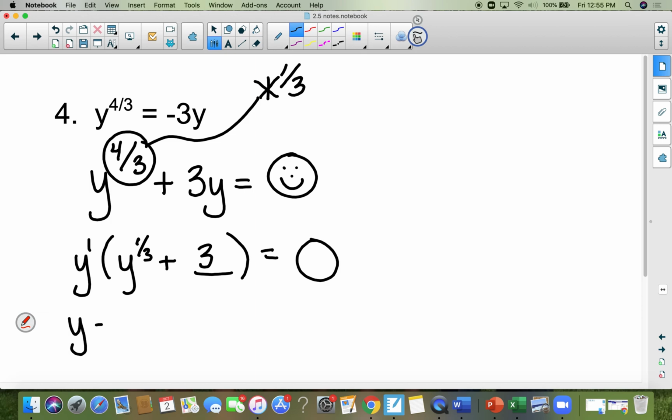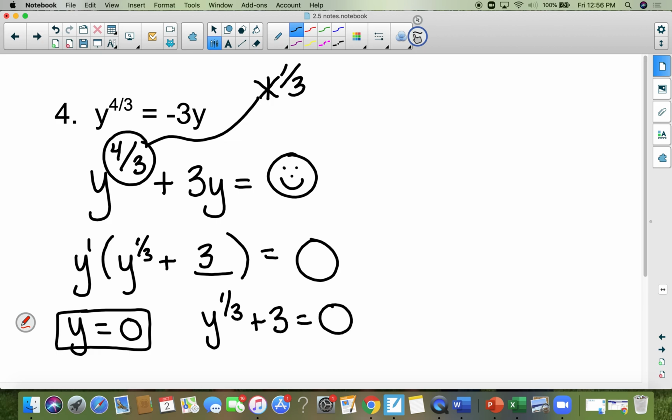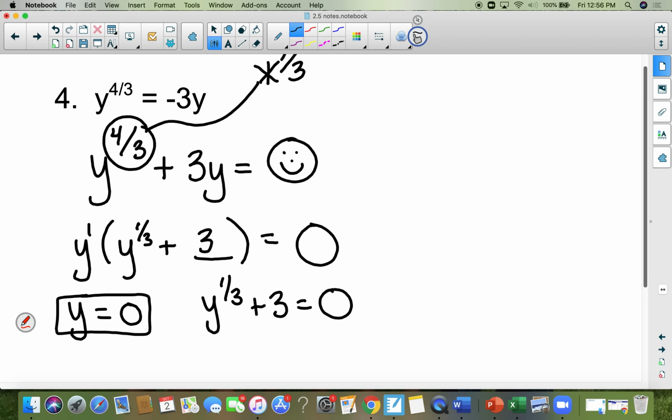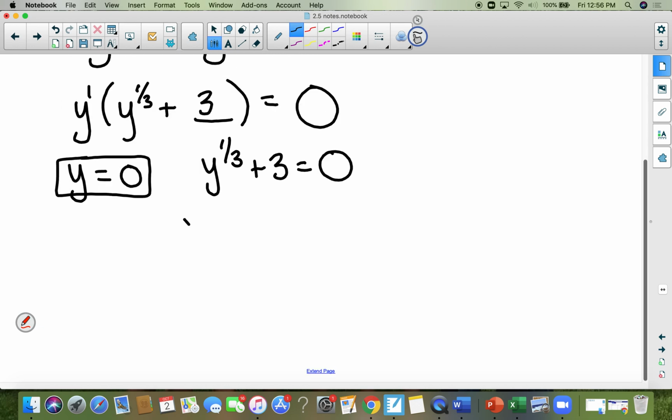Y equals 0 is going to be one answer to the problem. The other answer is going to be y to the 1/3 plus 3 equals 0. Chapter 1, you learn that you can change an exponent into a radical. That's the same thing as the cube root of y.